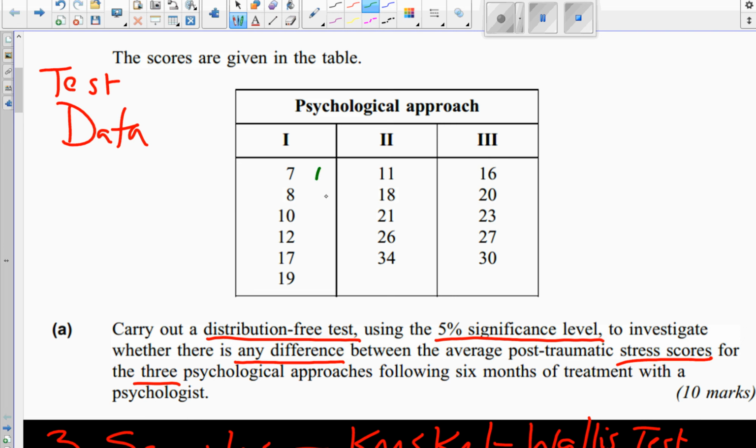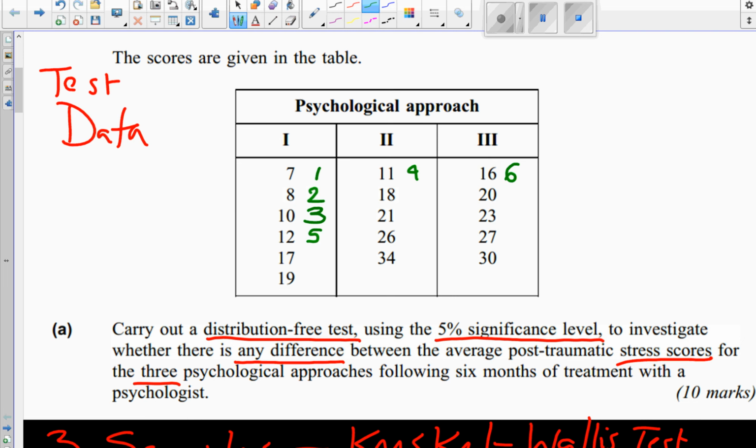So the lowest is the 7, that's going to be number 1. The second lowest is 8, rank number 2, and the next is 10, which is going to be number 3. But we are ranking all of the data at the same time, so the 4th in the ranking is going to be from the second treatment, that's 11, and the next one is back to the first treatment, that's 12, rank 5, and our number 6 in the rankings is going to be the first one in the third treatment.